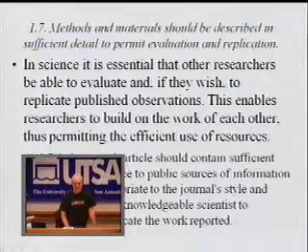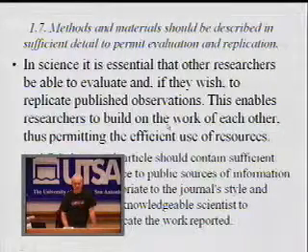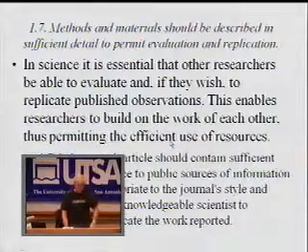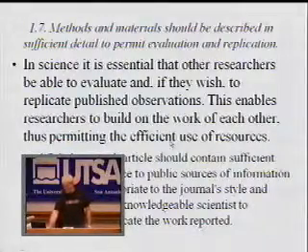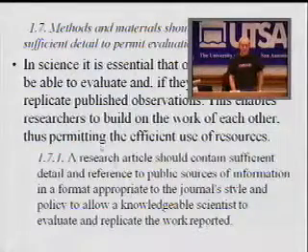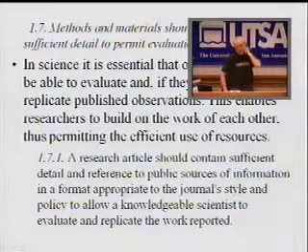So in science, it's essential that other researchers be able to evaluate and, if they wish, to replicate published observation. This enables researchers to build on the work of each other, thus permitting the efficient use of resources. We said that replication was one of the criteria for establishing causal association.